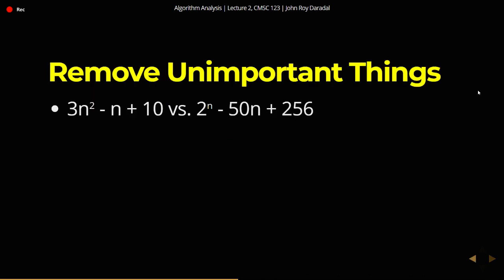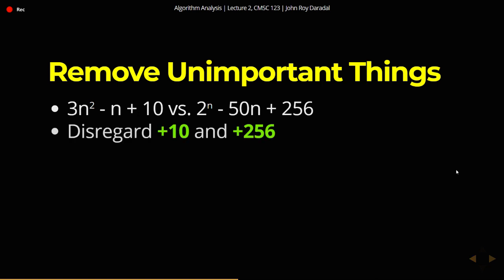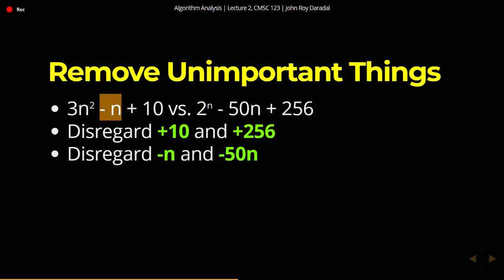Okay? So when we compare the two running times, we have to remove the unimportant things. For example, we could disregard the plus 10 and the plus 256 because that's just a constant difference. We could also disregard the minus n and the minus 50n because they have the same order, order of n.